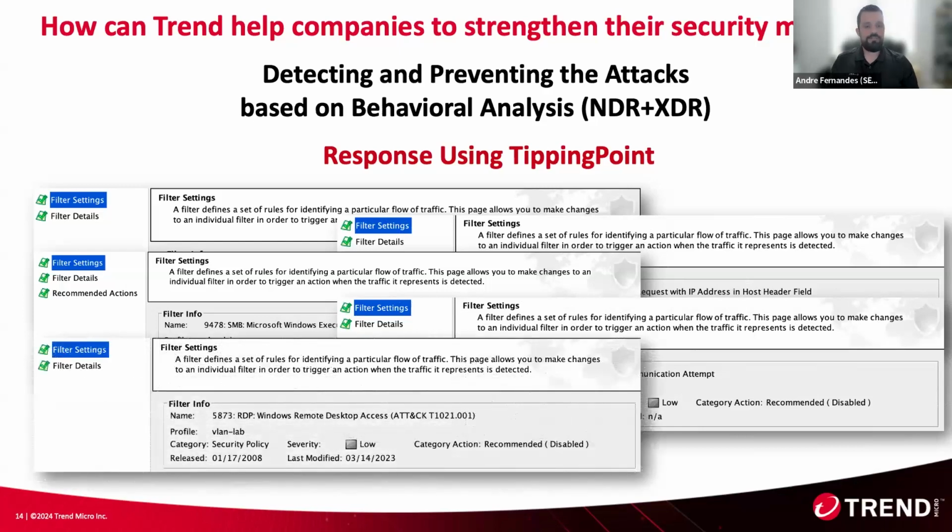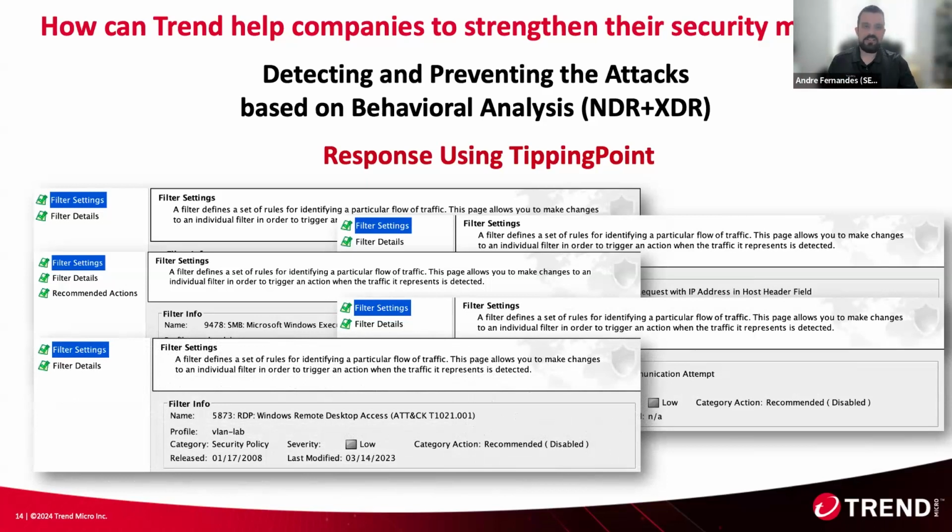So if you are worried that attackers may try a different exploit but follow the same behavior inside the network, the same actions inside the network, we could use some of these filters in combination, detecting and stopping attacks, or detecting and just highlighting the issue, so the SOC analysts can investigate and respond. So this is one of the options that we also have as part of the TippingPoint platform.